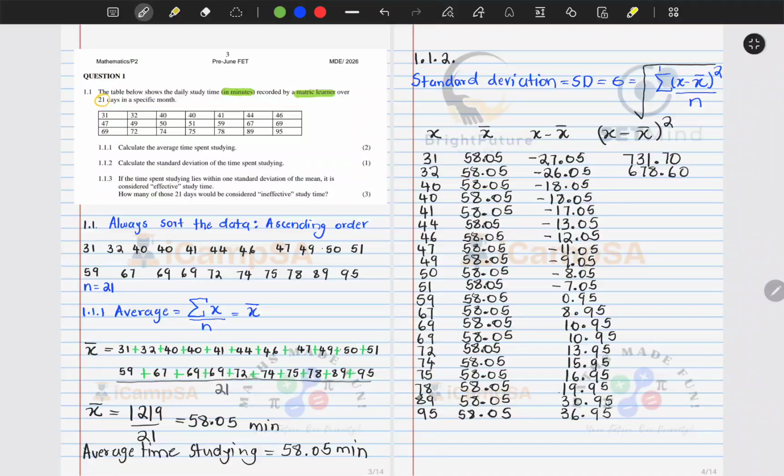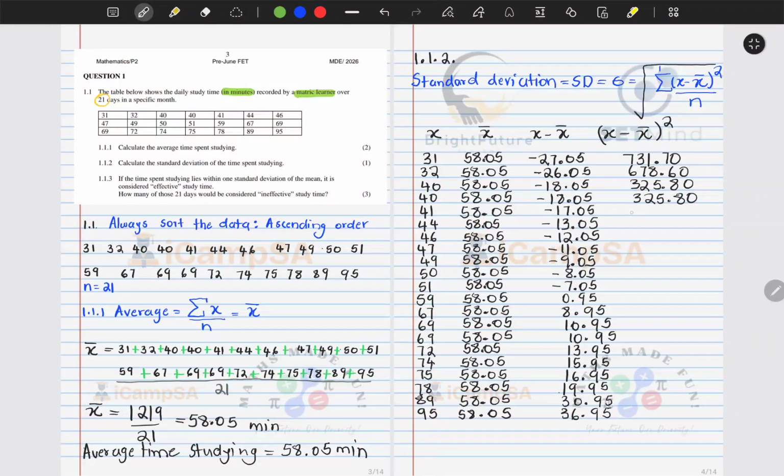What you get is 678.60, okay? Then you square the next one, which is 18.05 all squared. You end up getting 325.80, okay? Then the next one, which is still the same thing, 18.05, so that is going to be 325.80. Then we go to the next one, which is minus 17.05.